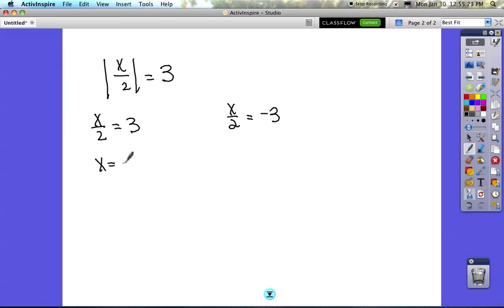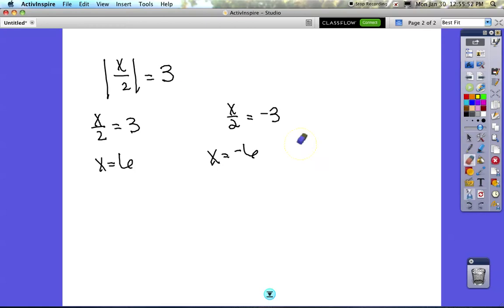So x equals 6, and x equals -6. So let's see if that makes sense in our answer. 6 divided by 2 is positive 3. The absolute value of 3 is 3. Negative 6 divided by 2 is negative 3, but absolute value of negative 3 is still 3.